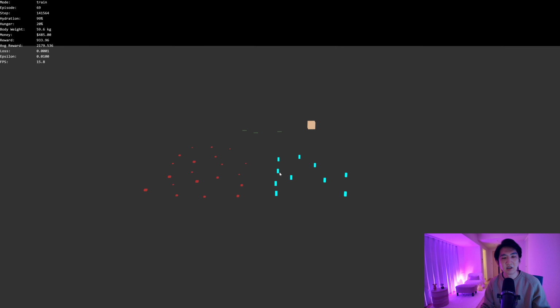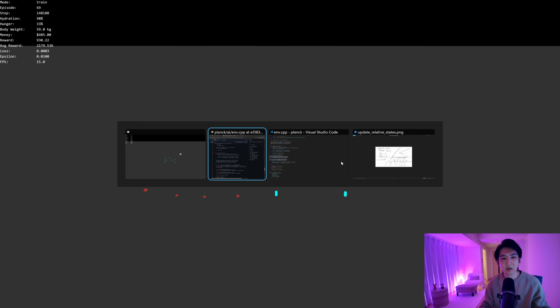So on every step, the AI has to follow or chase the target. That depends on the condition of the states. For instance, if he's dehydrated, he needs to go for water, but he can't just go for whatever water he can get, he just goes for the closest or nearest water from his position.